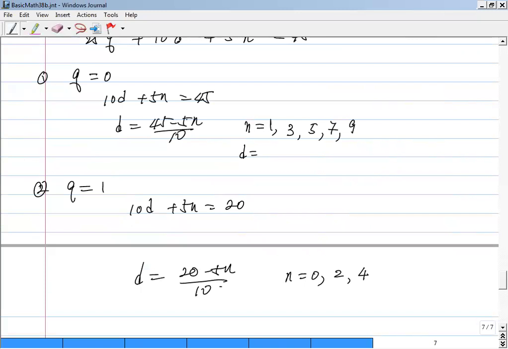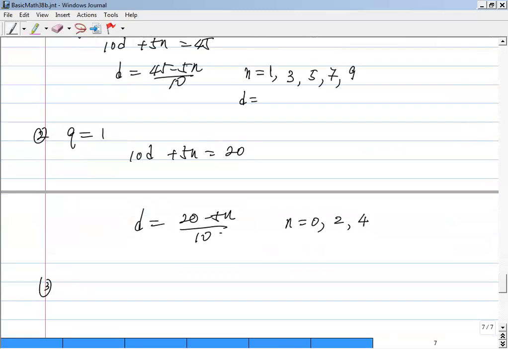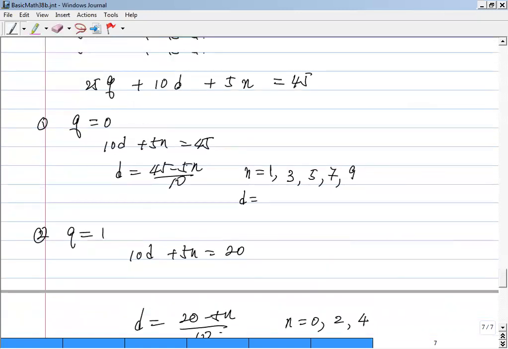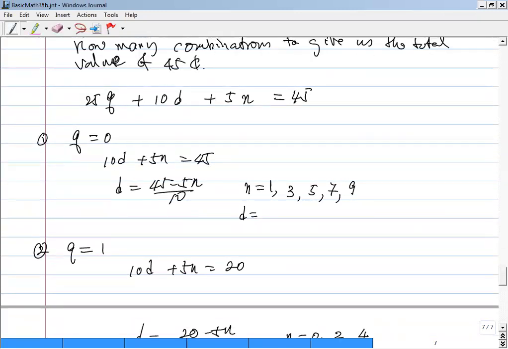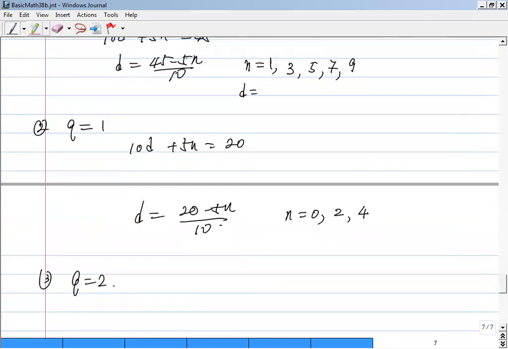Then you get all the solutions. The third case is q equals 2. That's impossible because 2 quarters is 50. So you stop there.